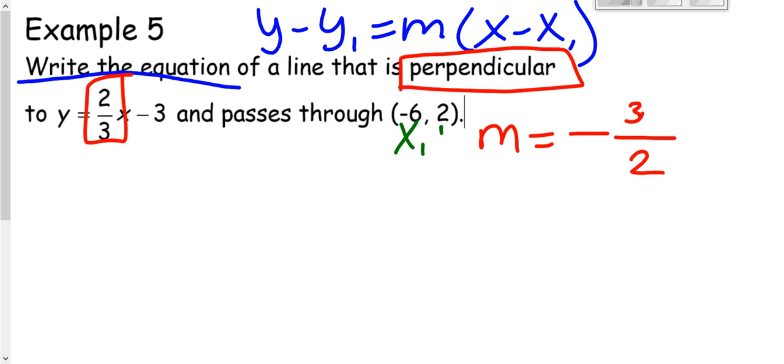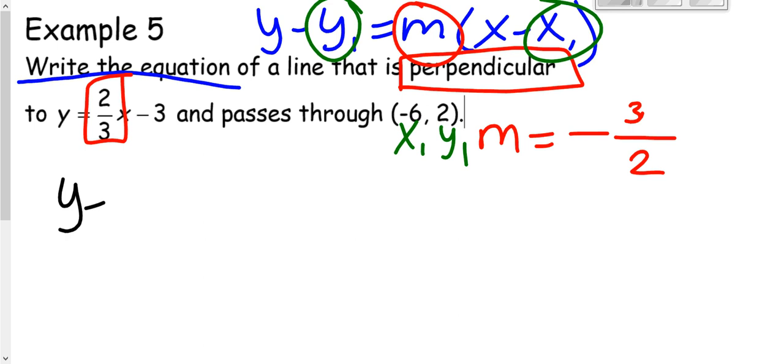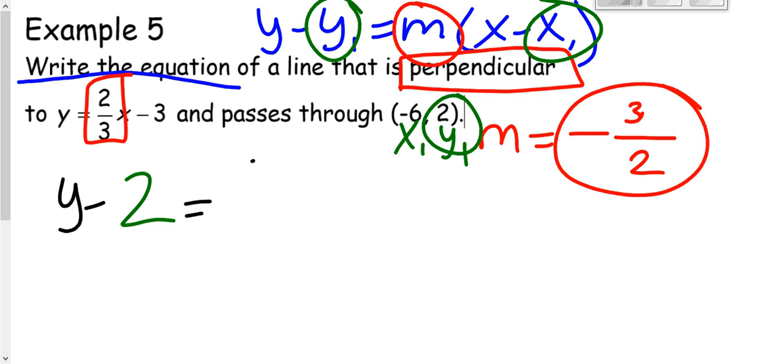And then I've got this point x1 and y1. So again, we're plugging stuff in here. I'm going to start with my y minus, and my y1 was 2. Then I've got equals my m, which we found to be a negative, that's the opposite, and the 3 over 2, that's the reciprocal.